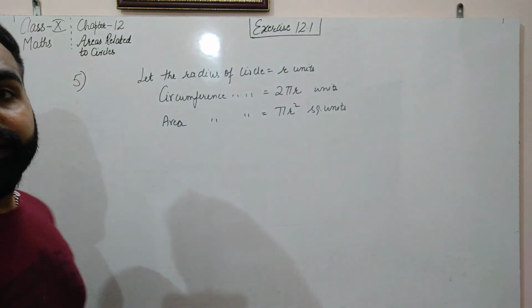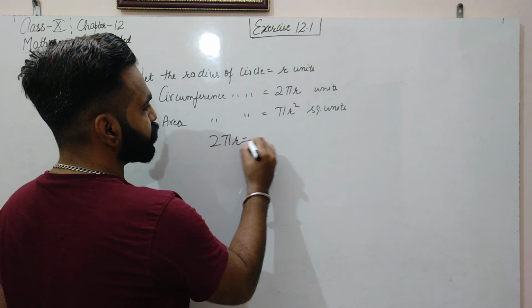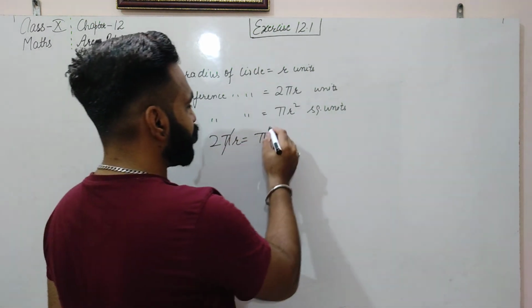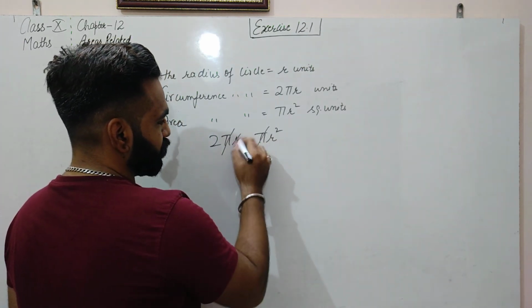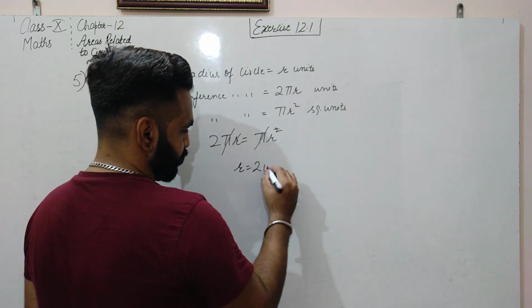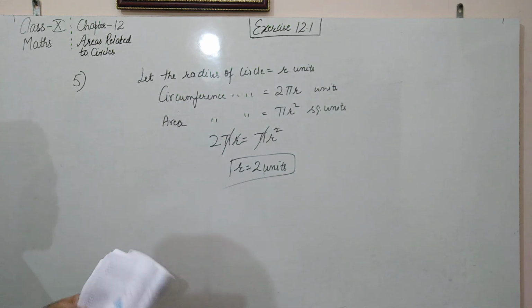Now it is given that the area of the circle is equal to the circumference, so we have to find the radius. So 2 pi r equals pi r square. From here this pi will cancel out, one r will cancel out, so r will be equal to 2 units. So the answer is A.